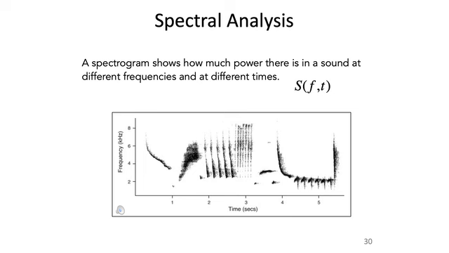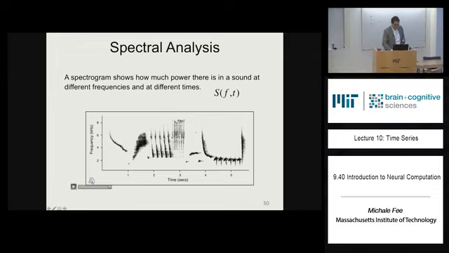Sorry, it calculates how much power there is at different frequencies of the sound, and at different times. So what this says is that there's a lot of power at 5 kilohertz at this time, but at this time there's a lot of power at 3 kilohertz or at 2 kilohertz, and so on. It's a graphical way of describing what the sound is, and here's what that looks like.